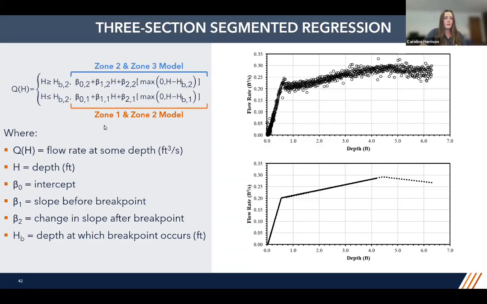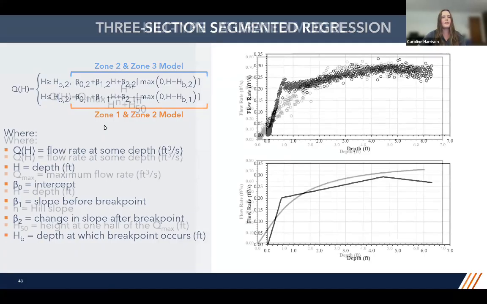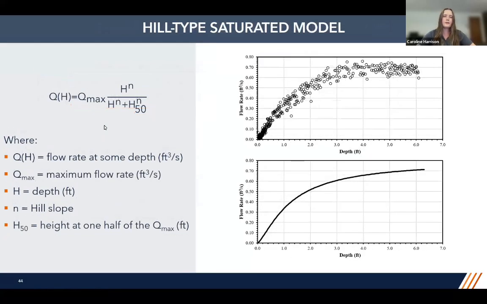So once everything was overlaid and verified, what we ended up using was the zone 1 and zone 2 model, and then only that zone 3 section from the zone 2 and zone 3 model for that final model.